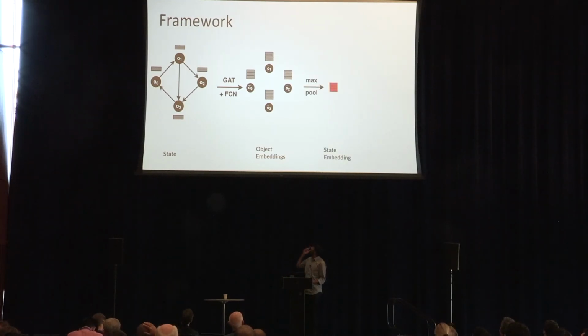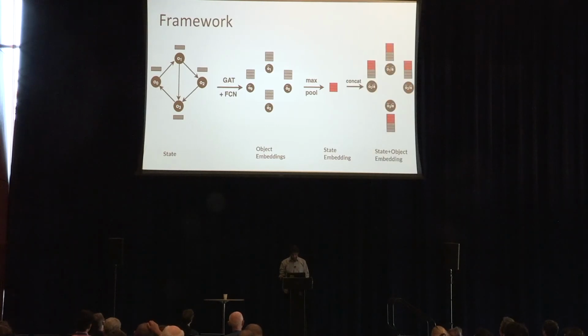After we get the node embeddings for each of the nodes in the graph, we pool the node embeddings to get a single embedding, which we call the state embedding. The state embedding has all the information for the state we are in right now. We concatenate the state embedding to the node embedding. So now every node has a local embedding, which represents the local information, and the state embedding, which represents the global information.